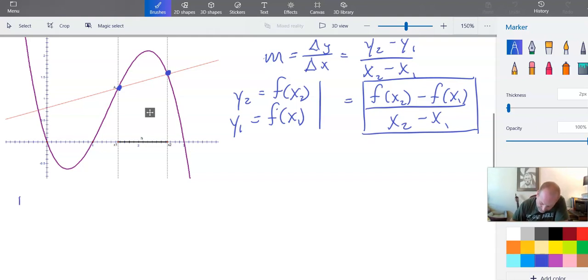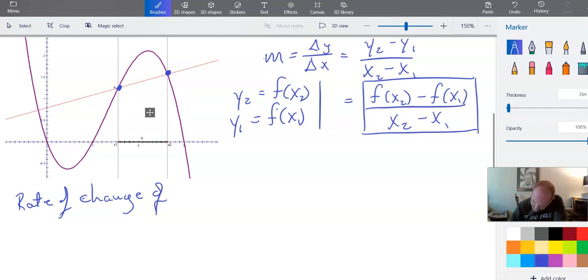So the rate of change of f, the function, over the interval from x1 to x2, is this formula, right?